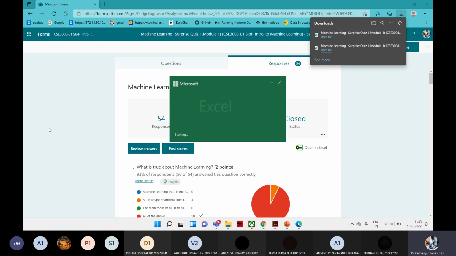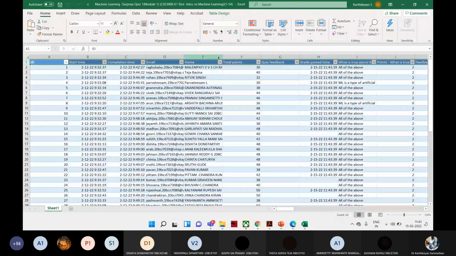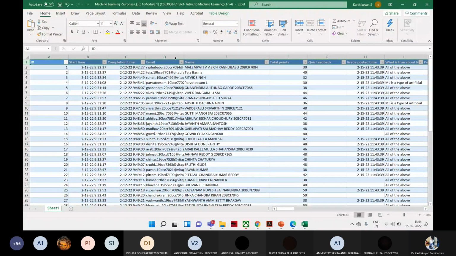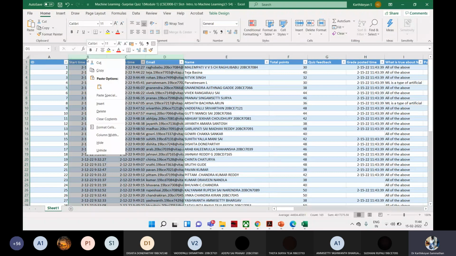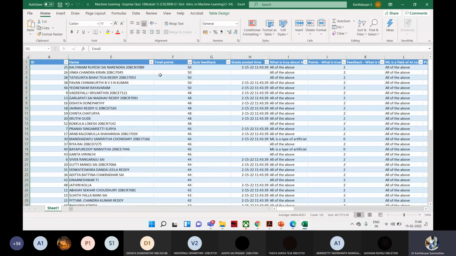The first mark is four people, 4 or 5 people, very good.